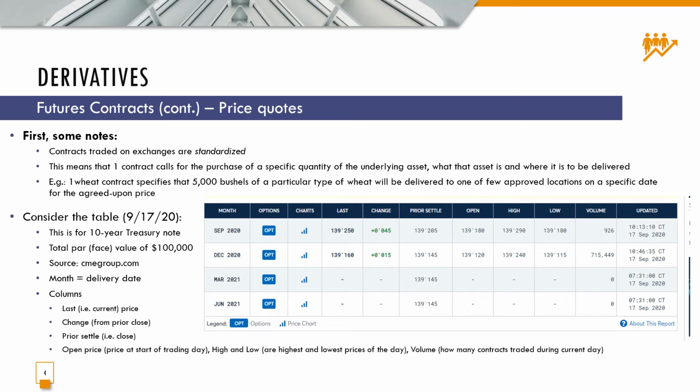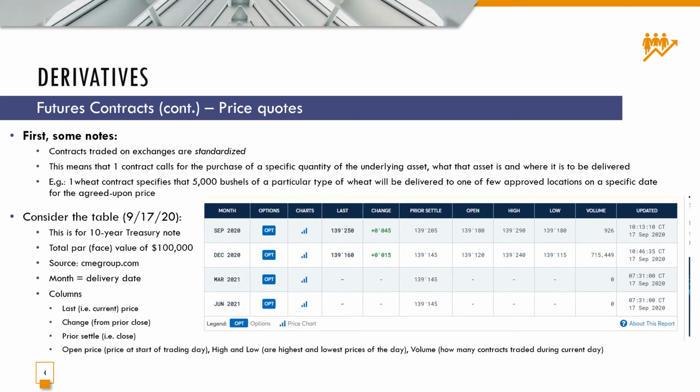For example, one wheat contract specifies that 5,000 bushels of a particular type of wheat, and there are a number of types of wheat, will be delivered to one of a few approved locations on a specific date for the agreed upon price. So let's consider the table that appears in this slide.